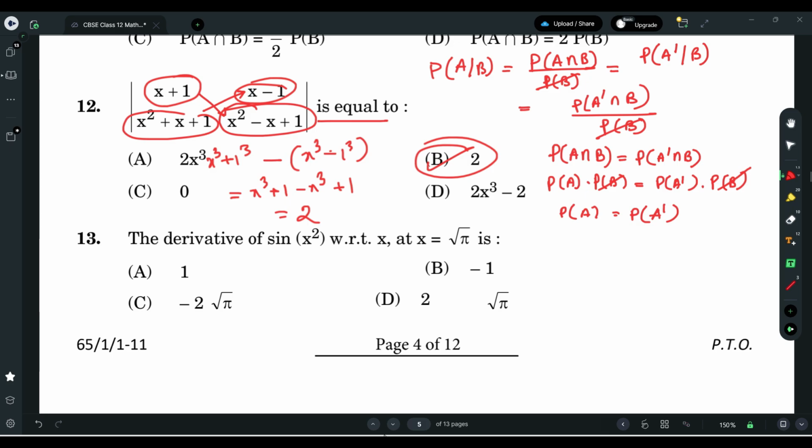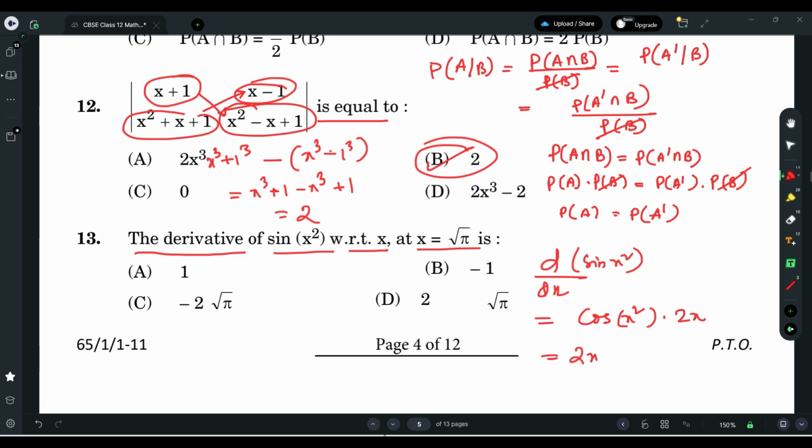Then the derivative of sine x square with respect to x at x equal to root pi. So d dx of sine x square. So we will use the chain rule. So the derivative of sine x is cos x. That means cos x square into, and then derivative of x square is 2x.